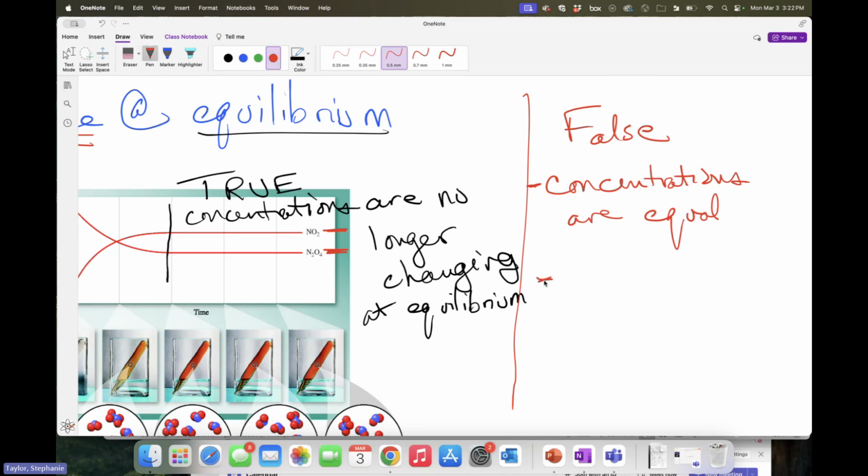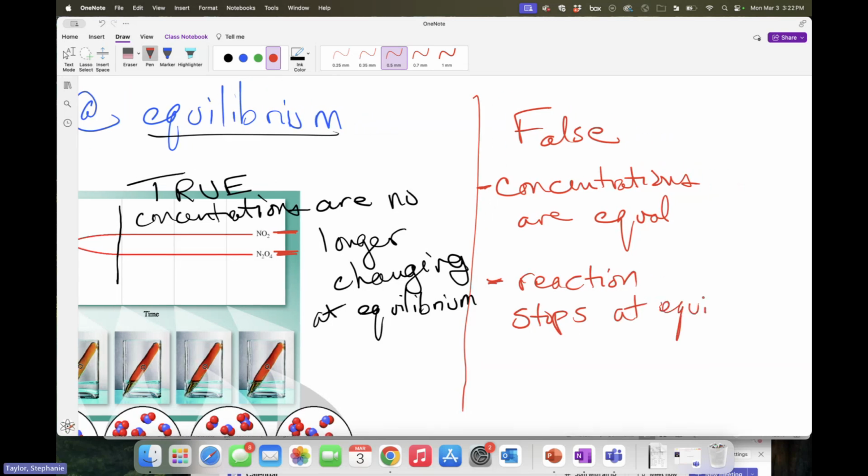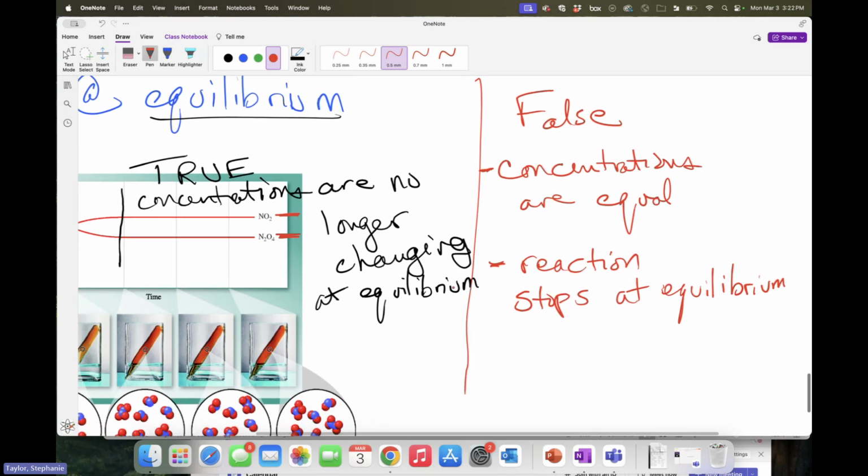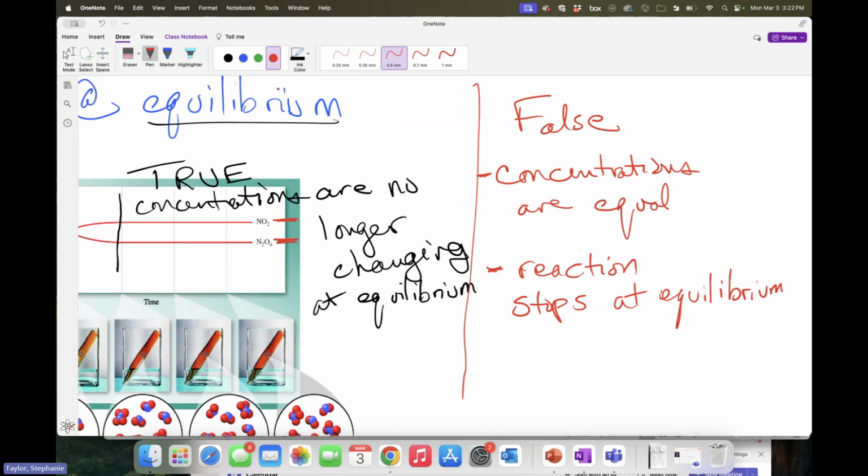Another false statement, going along with the true statement that concentrations are no longer changing, is that the reaction stops at equilibrium. This is a common false statement. The concentrations aren't changing anymore, and that's true, but the reaction itself doesn't actually stop happening.